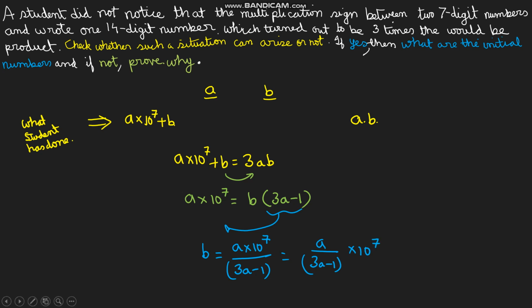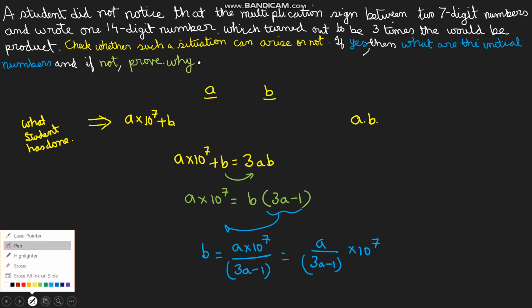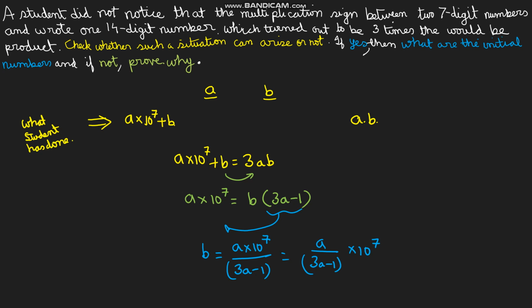Now, here's the fact we need to check. We can say GCD of A and 3A minus 1 is equal to 1. It is always true. We can prove this by Euclid's lemma as well, or just our normal GCD method. 3A minus 1, here 3, here 3, then here comes 1, and so GCD is 1 always.